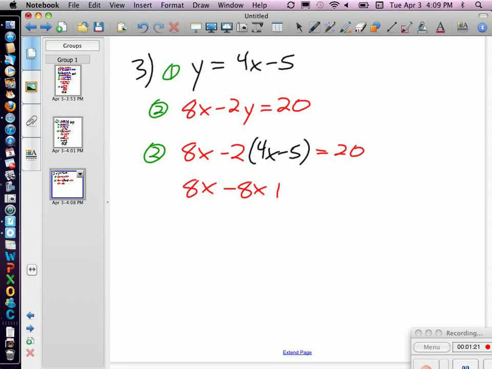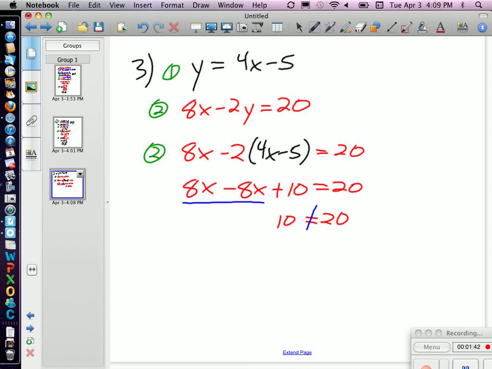And so that's 0, so we have 10 equals 20. Uh-oh. Our x's canceled each other out, and they are no longer here. Also, 10 is not equal to 20. So that is a false statement, which means this is a no solution problem.